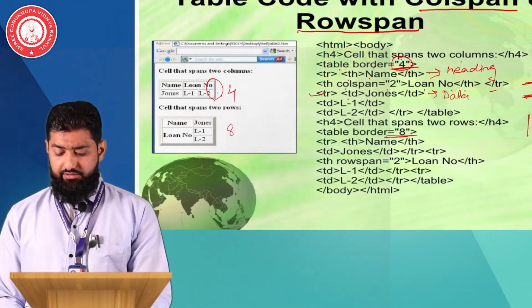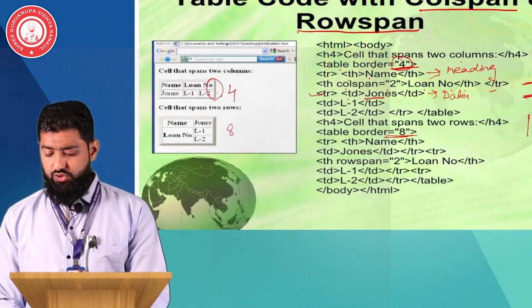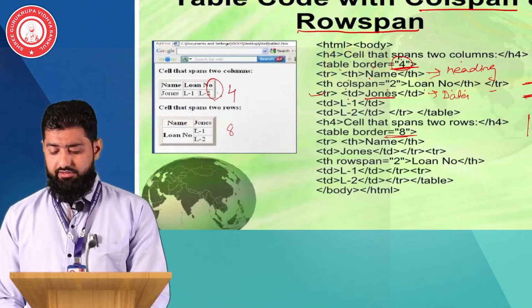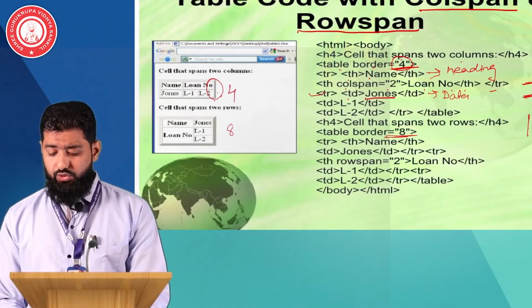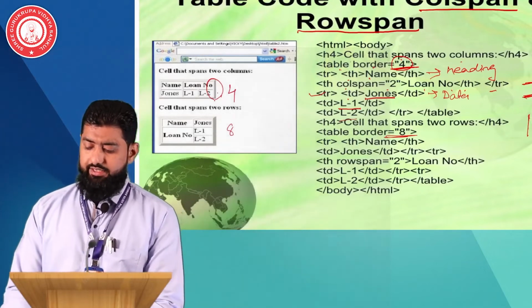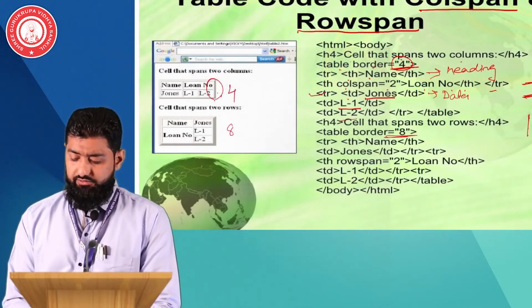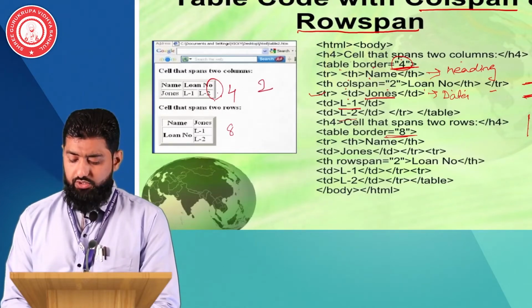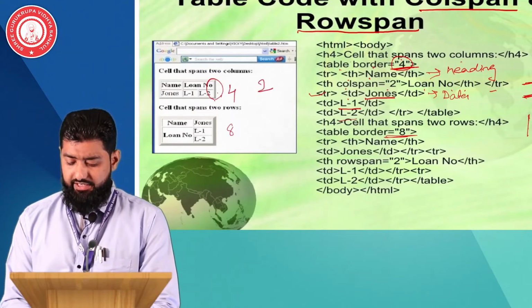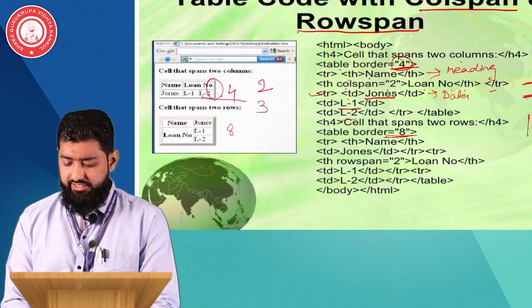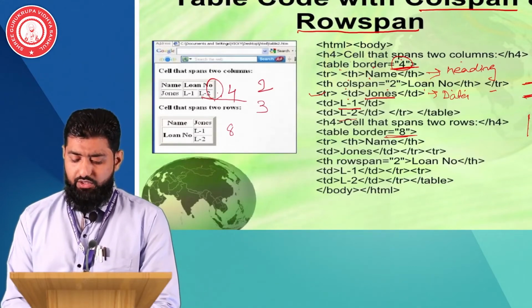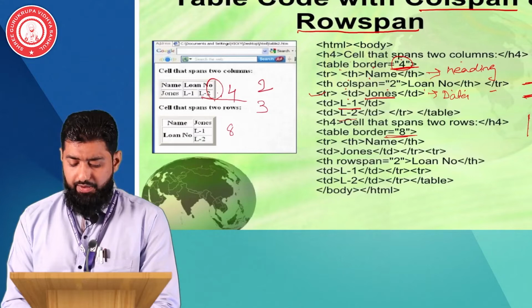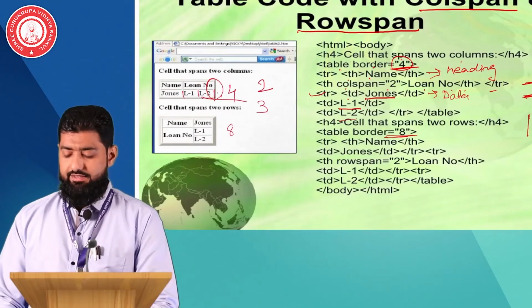In td first we use John, that is the name. Second we use L1 and we use L2. See, in the first row we use only 2 th, but in the second row we use 3 td. So what it will do is span the cell across the row.